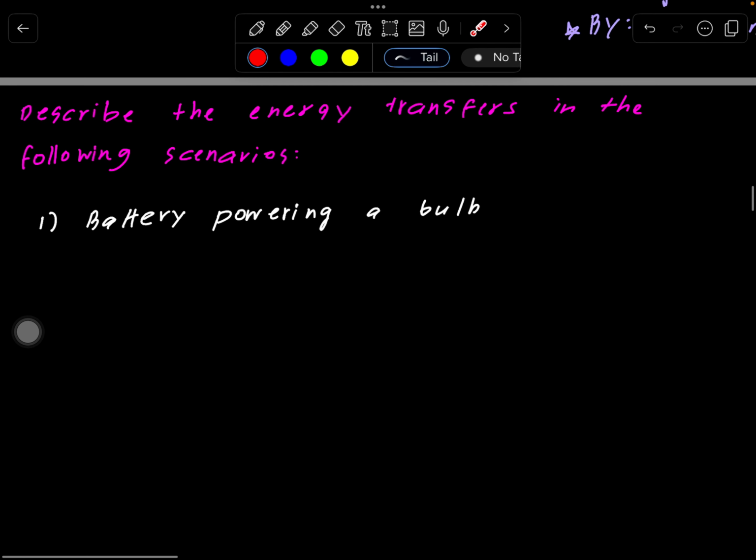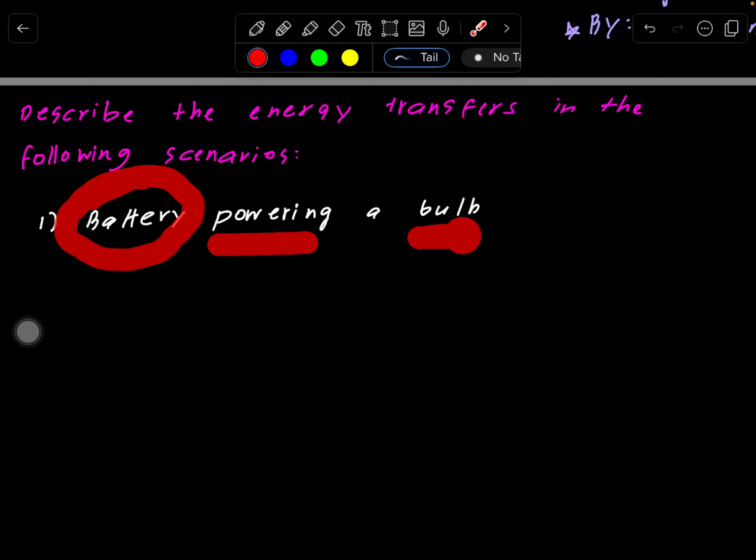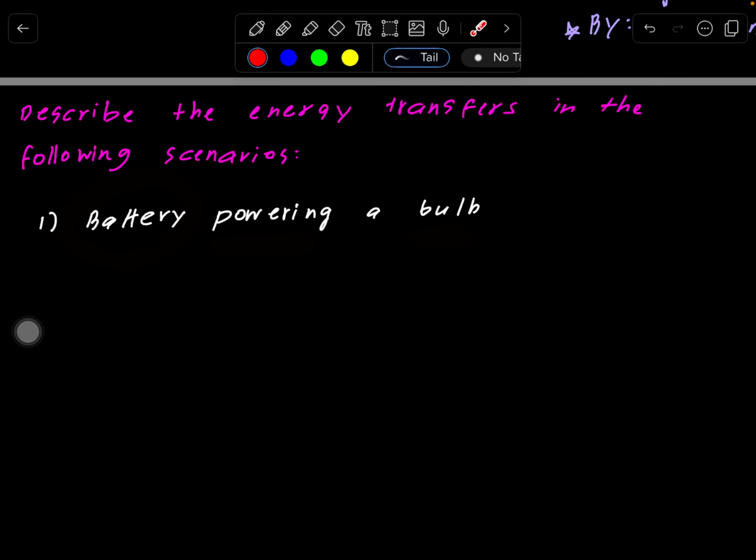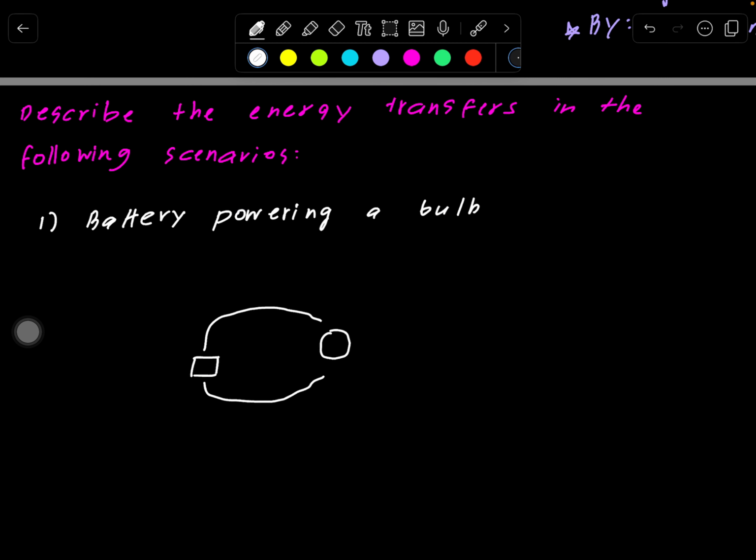The first example here is a battery powering a bulb. First of all, we need to determine what form of energy is transferred to which form, okay? When you have a battery powering a bulb, the setup would look something like this. You have a battery here, and you have a few wires, and you have a bulb, okay? And you're likely to have a switch as well.